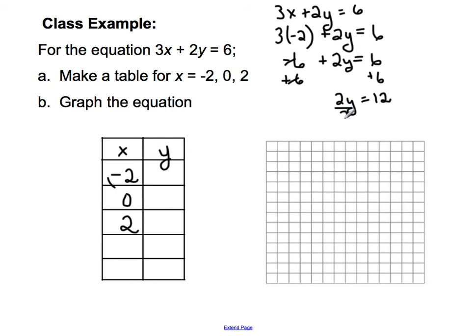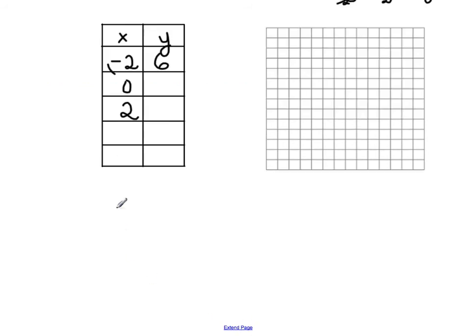So to get rid of a 2 times, we must divide. Those two cancel, and I get y is equal to 6. So when x is equal to negative 2, in order for this equation to work, y has to equal 6. Okay? We do the exact same thing when x is equal to 0.